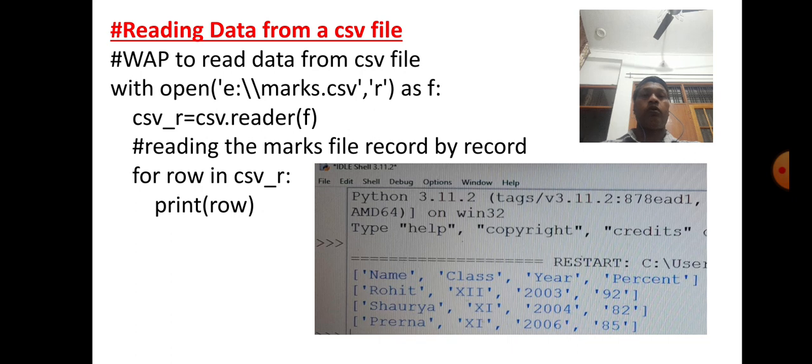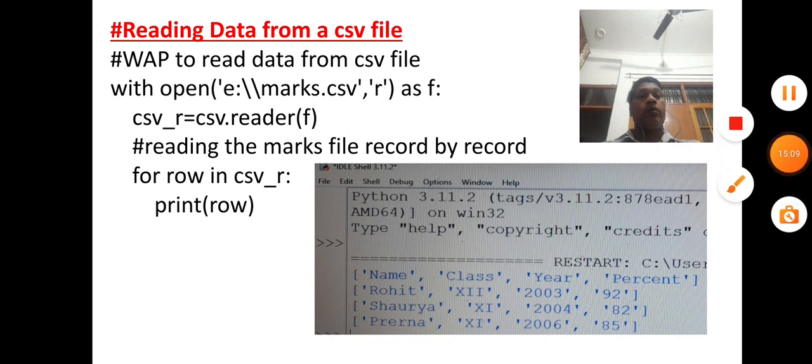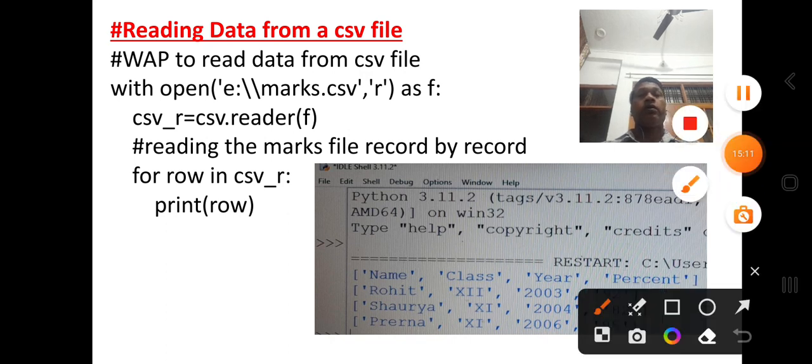If you don't pass as a list, you can use this directly. You can use CSV reader object, and using CSV reader object you can pass file object in CSV reader object. Then CSV reader object reads all the data, and reference is the csv_r. This is the reference for CSV reader object.